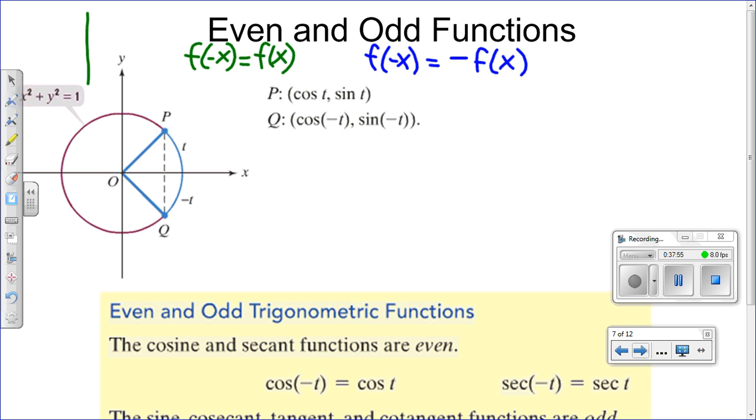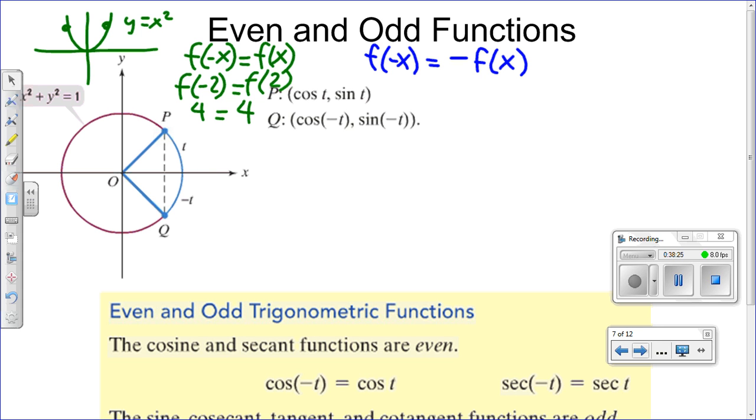We used to use parabolas to show you that. So for example, if this is x squared, f of negative 2, what is negative 2 squared? 4. And what is f of 2? What is 2 squared? It's also 4. So that is an even function.